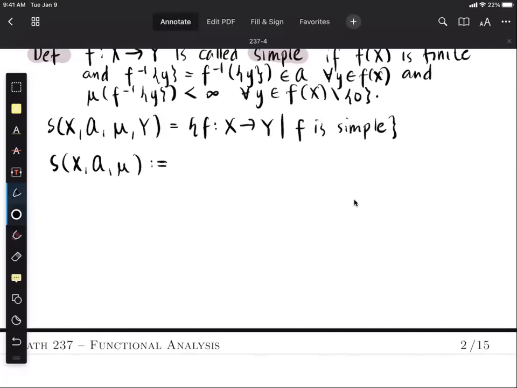So in other words, S(X, A, μ) is the set of all simple functions with respect to this pre-measure space having values in the field K.